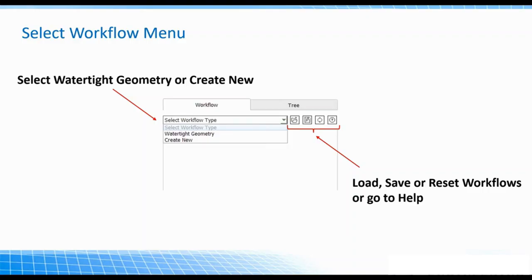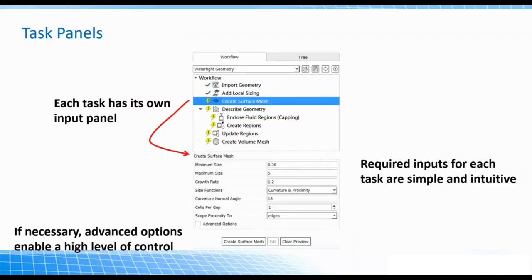I think the watertight geometry is a safer bet, especially as you're getting used to the steps and learning how to do this. When you select watertight geometry, this is what pops up. Those are all of the different steps that you'll be going through. At every step, when you go into it, the window below will open up, and that is where you'll enter all of your settings and numbers that you want to define that step.